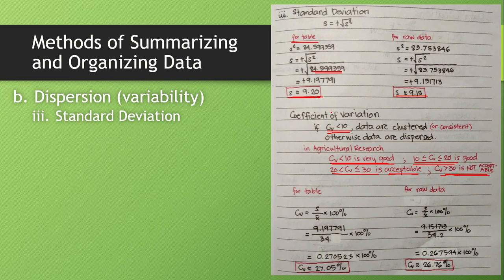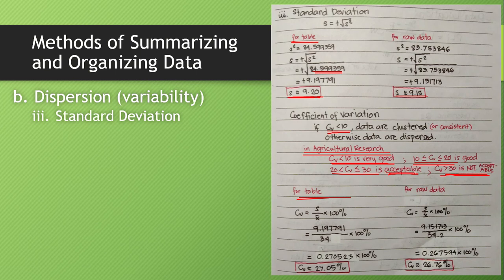Now let's check with our data. With our example, for group data, that's S over X bar times 100%. So you will get approximately 27.07. If we base our analysis on the agricultural research criteria, therefore our data is still acceptable.